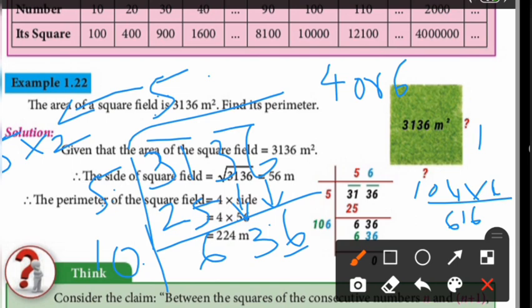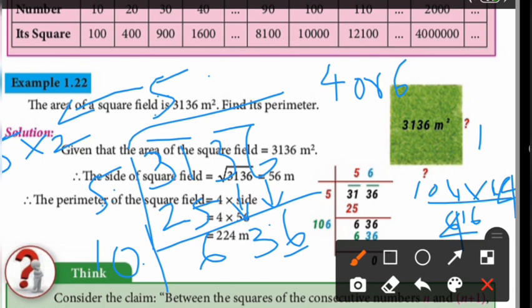It's not enough. Sorry, 4 4s are 16, 6 and then remainder 1. Here 4 is there. 416. I think so, 416.